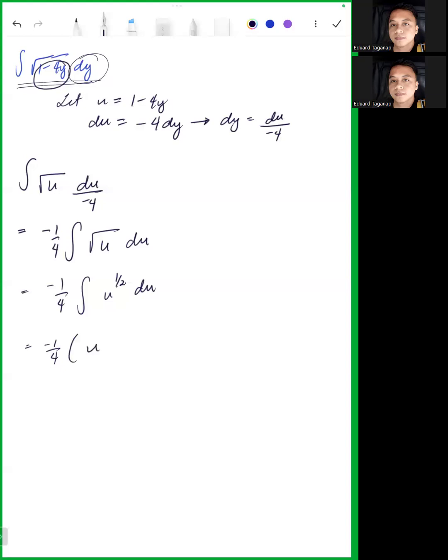Now, for the power rule, we add 1 to the exponent, and that's 3 over 2, plus c. In simplifying this, all we need to do is multiply negative 1/4 and 2/3, and we get negative 1 over 6 u raised to 3 over 2 plus c.